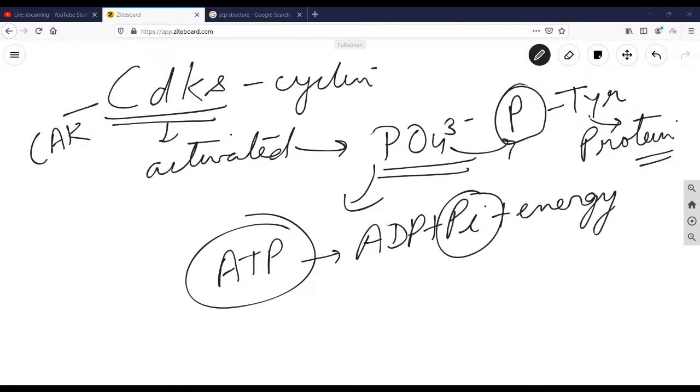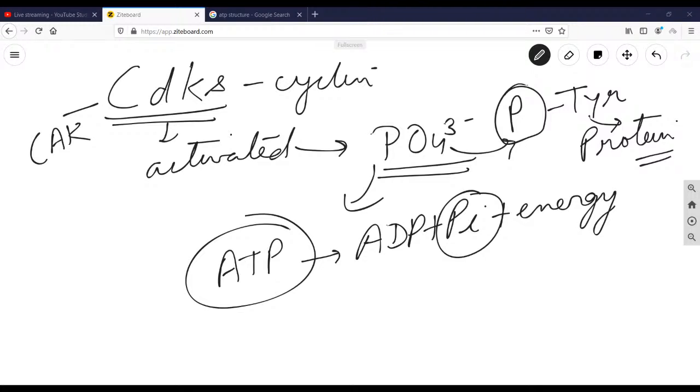Now coming on to the next phase of the cell cycle, the S phase. Now you have entered the S phase. What will happen in the S phase? One more pathway I will tell you, where you can activate the S phase in the cell cycle.